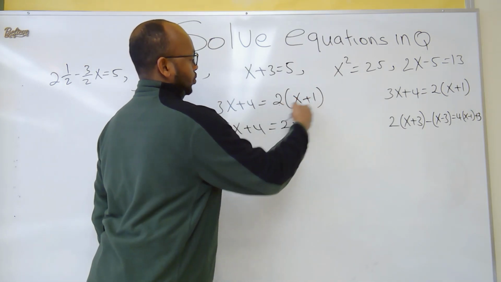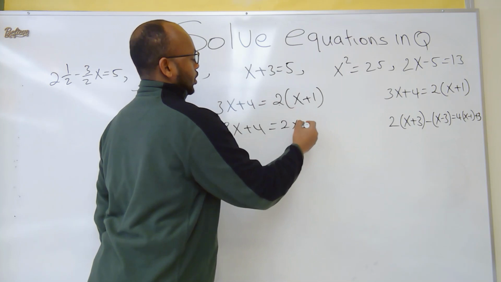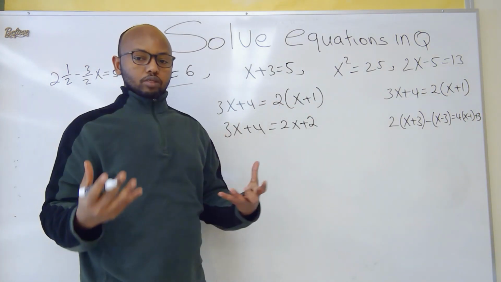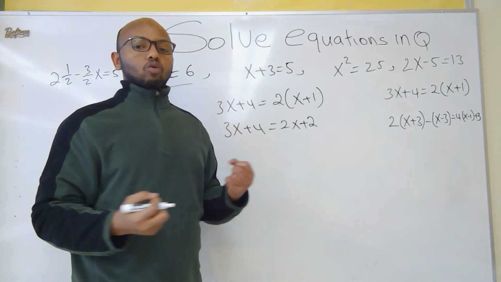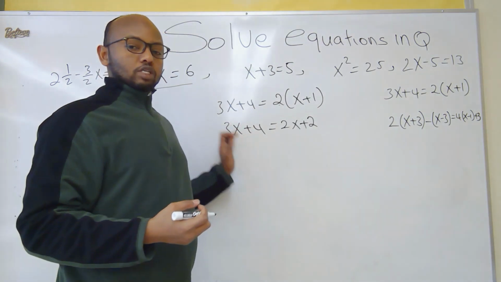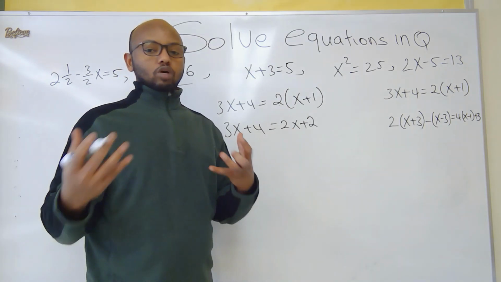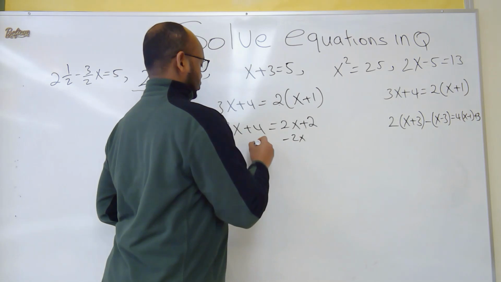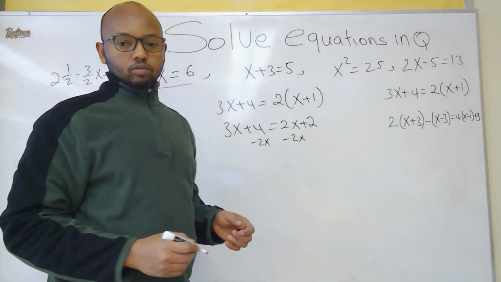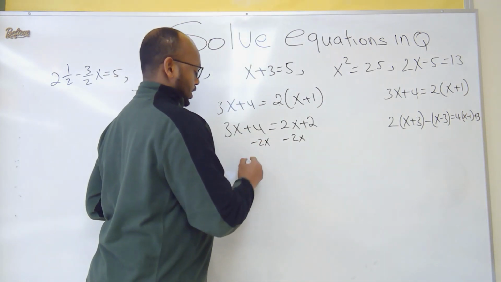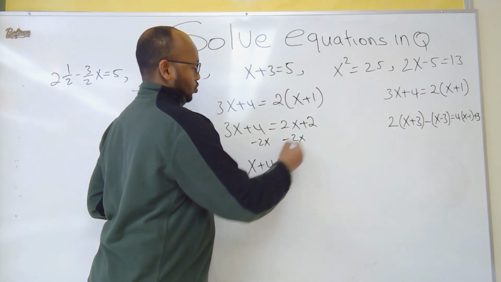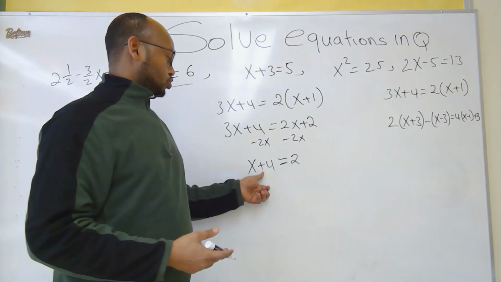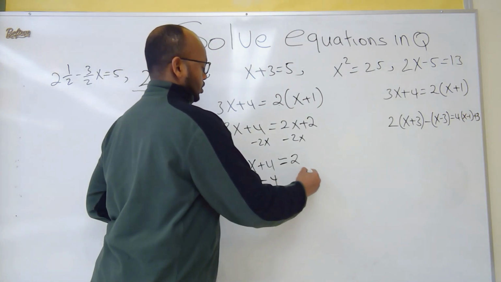The 2 has to multiply every number or letter in the bracket, plus 2 times 1, which is 2. Now I look at the variables to see which has the bigger coefficient, the 3. So 3x stays here, and the other one we have to eliminate. So we say minus 2x here and minus 2x here also. So 3 minus 2 is 1x plus 4 equals, this is gone, we have 2 only. Now I have a simple equation, so I subtract 4 here and 4 here.